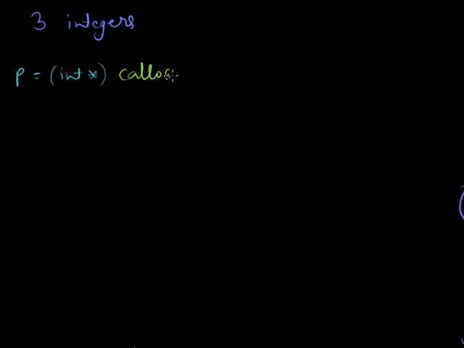Now calloc needs the number of blocks you want to allocate. So we pass it the number 3. We want to allocate 3 blocks, and it also needs the size of each block. So we say we want 3 blocks of the size of an int, sizeof int.